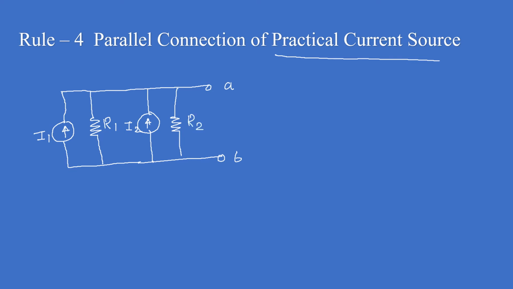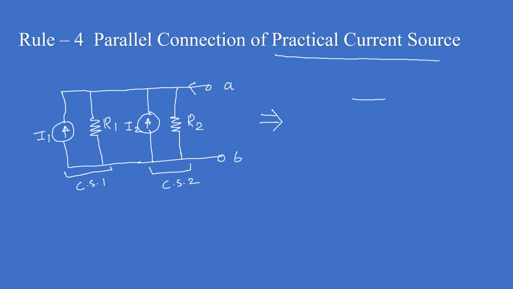Okay. So here you can see that this is the first current source and this is the second current source, and the connection is parallel. Parallel means if the current is coming from this, it will be divided into the resistances. We can say that it is a parallel connection. Okay. So now I want its equivalent source.